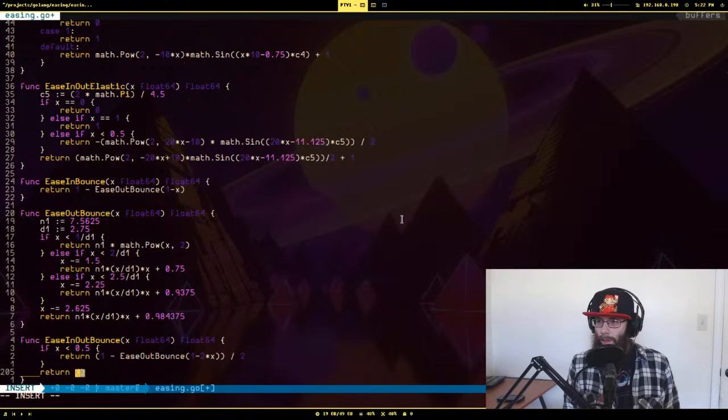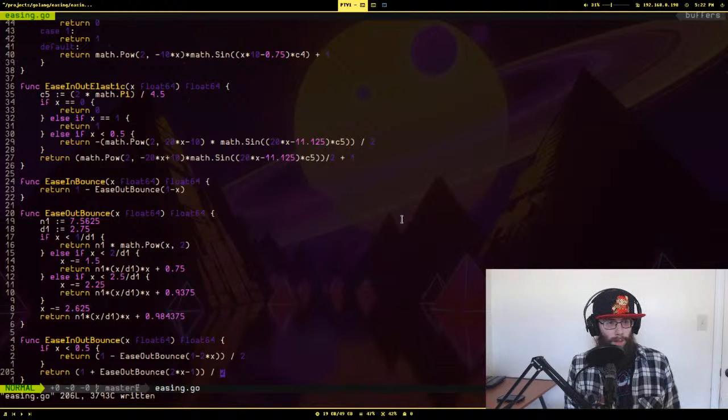Otherwise, return 1 plus ease out bounce of 2 times x minus 1, divided by 2. Okay.